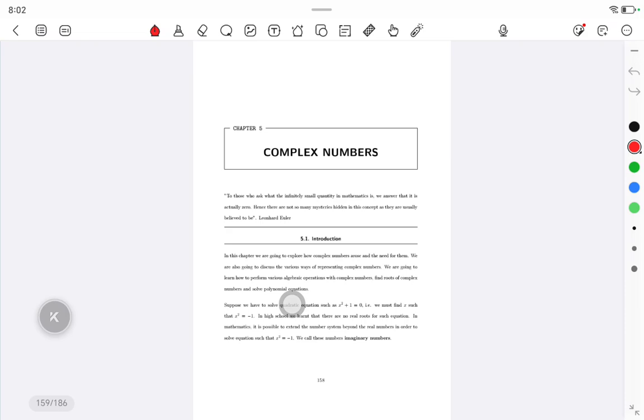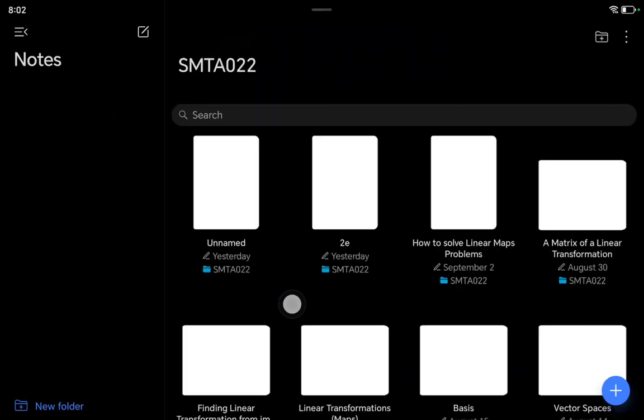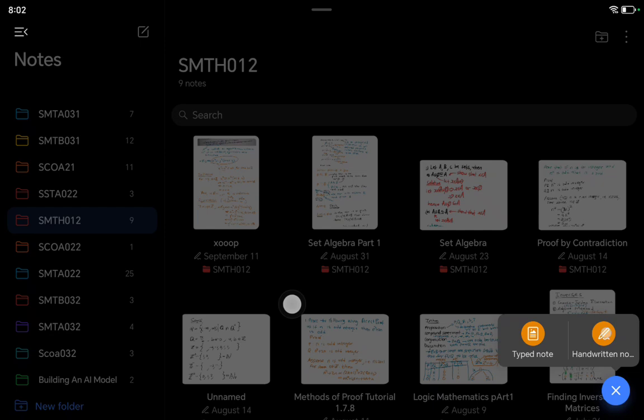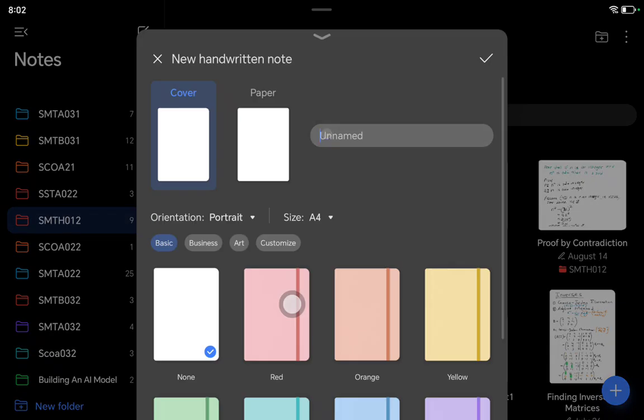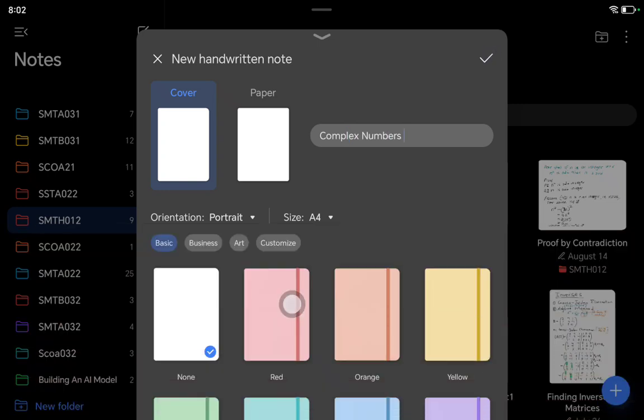So let me go to the notes, and I'll give you an introductory part of this topic, complex numbers. We're always going to be using this slide every time we have an online class.